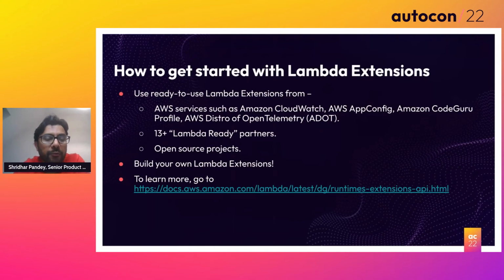So there are a few different ways for you to use extensions. First of all, like I mentioned earlier, you can build your own, or you can use ready-to-use extensions from various tooling vendors, which are our partners. Starting from the top, there are AWS services such as CloudWatch, which has an extension called Lambda CloudWatch Lambda Insights, which most of you must have heard of.